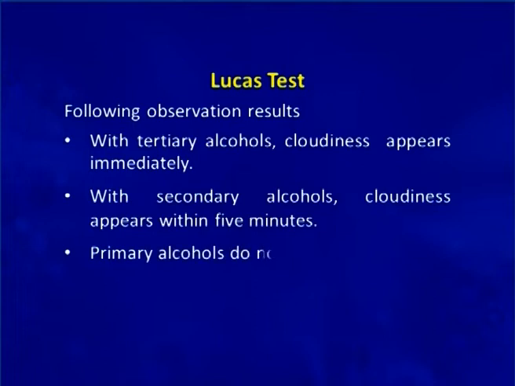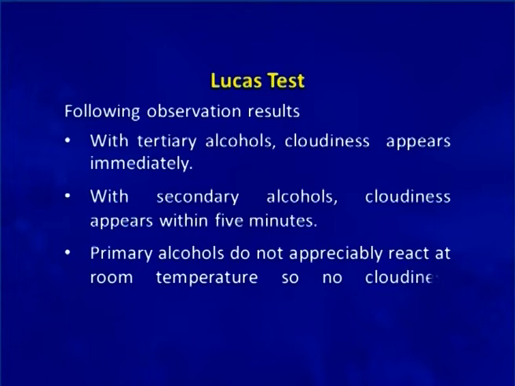In case of primary alcohols, since they are very slow in reaction, cloudiness does not appear at all at room temperature. Cloudiness may appear on prolonged heating. So, this test is utilized for distinguishing primary, secondary and tertiary alcohols.